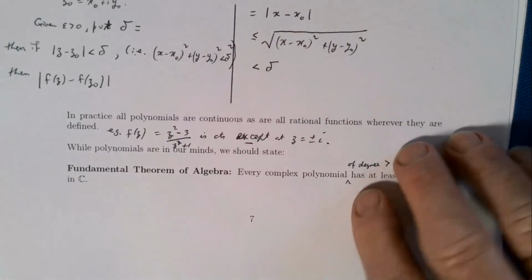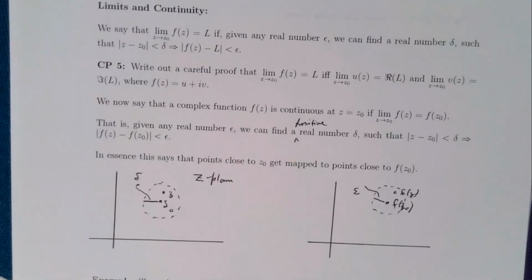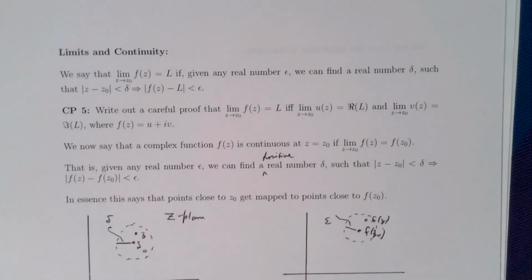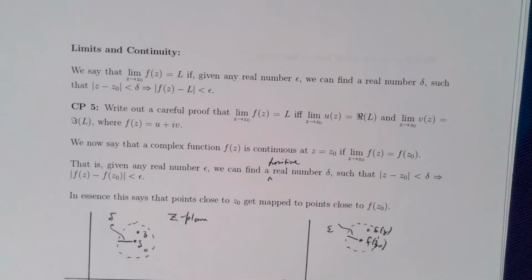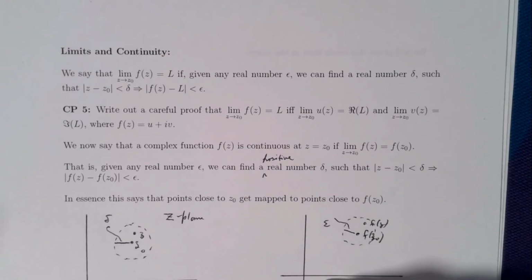Well, we need to do a little bit of analysis here, and just to mention limits and continuity, hopefully you've seen a little bit of this in courses in real analysis, and we simply copy across the same ideas that we've had in real analysis.